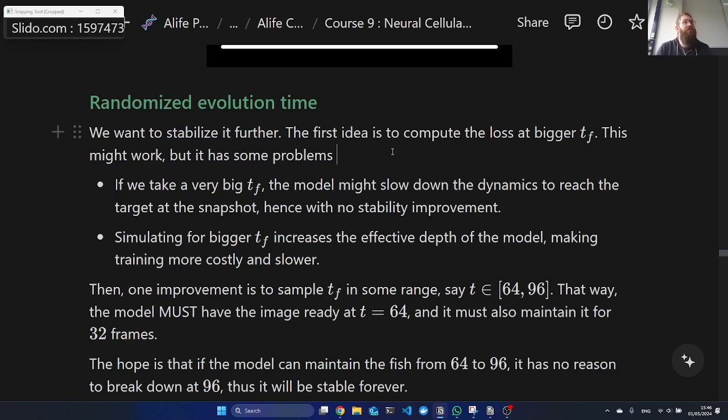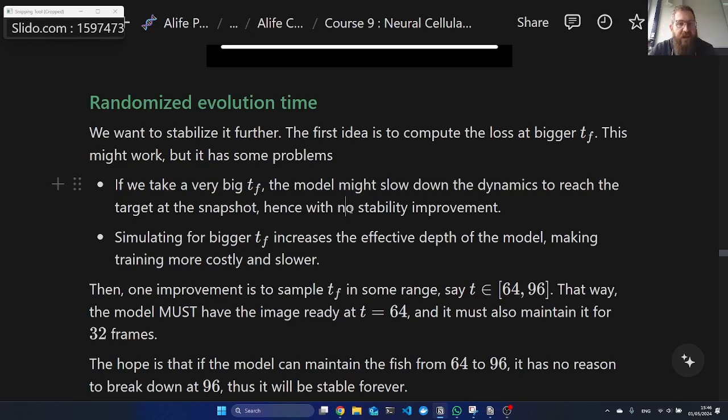What you can do is compute for a very big T final, right? If you take a snapshot after 1,000 seconds, maybe it generates the image after 100 seconds and stabilizes it for 1,000 seconds. This might work, but it has the problem of the big T final. What can also happen is that the pattern will just slowly grow until 1,000 time steps and then still decay afterwards, right?